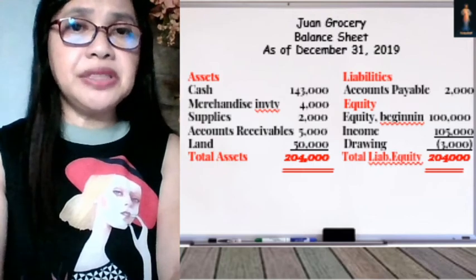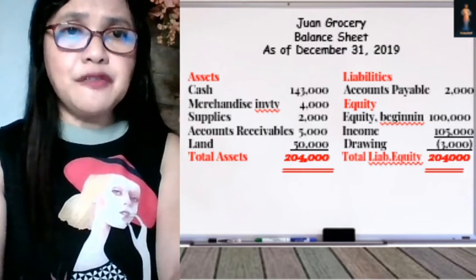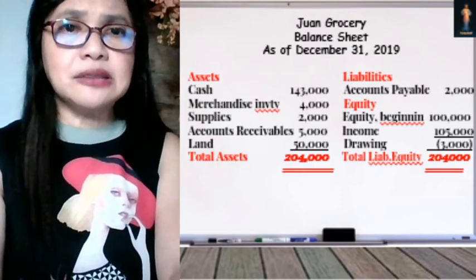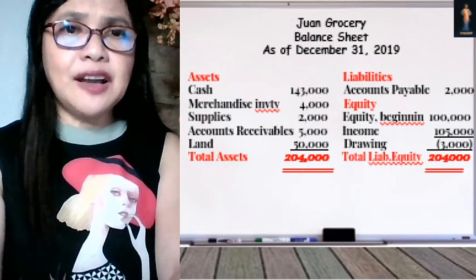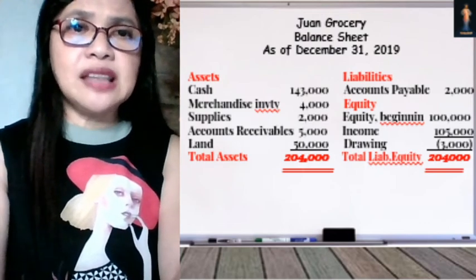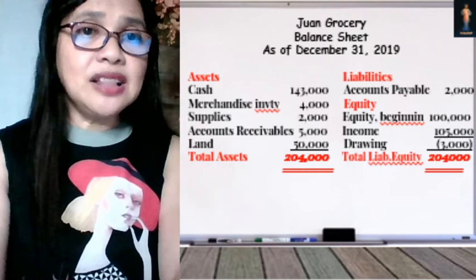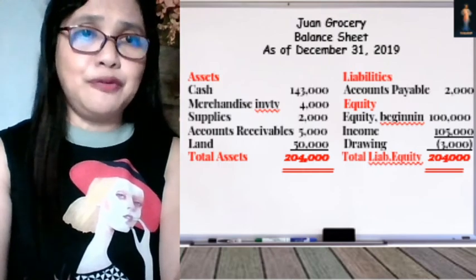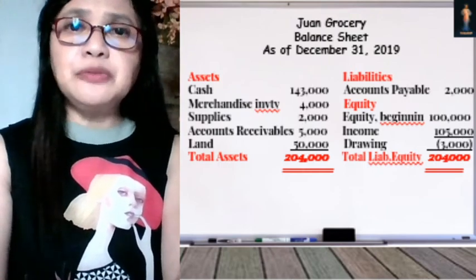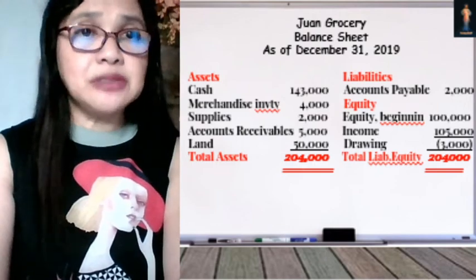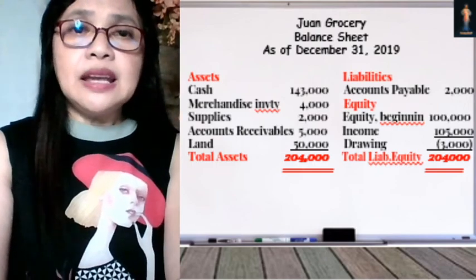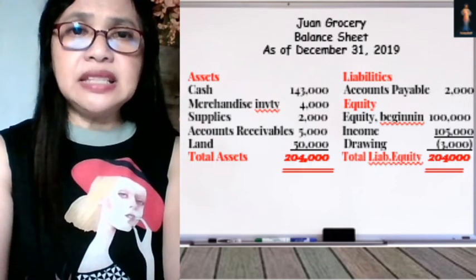Cash 143,000, merchandise inventory 4,000, supplies 2,000, accounts receivable 5,000, land 50,000. So we have total assets of 204,000. And for our liabilities, we have 2,000 accounts payable, equity beginning 100,000, income.